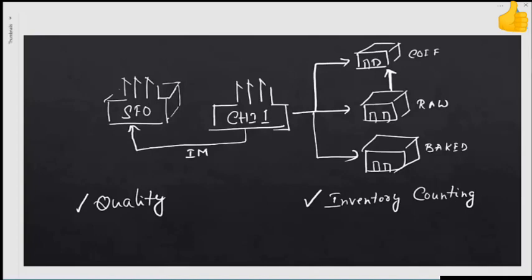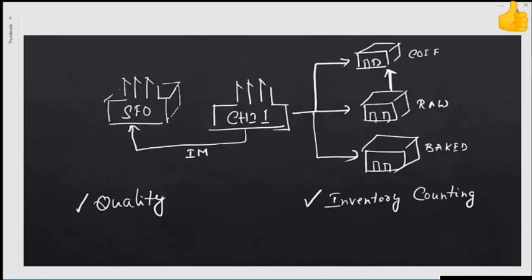So how do you differentiate the different stock? Something that's still in quality versus something that we can readily use. Well, there is something called stock types that we are going to know. But quality is an example of an activity that's internal to the company, isn't it? Nothing to do with the vendor. If we don't like it, we'll send it back to the vendor. That's a different story.